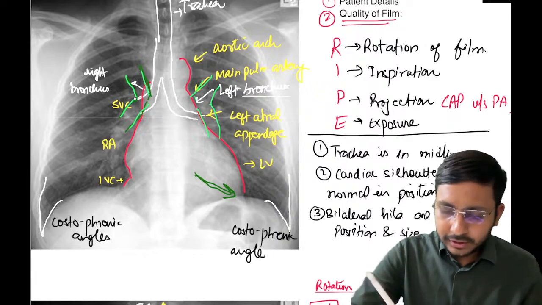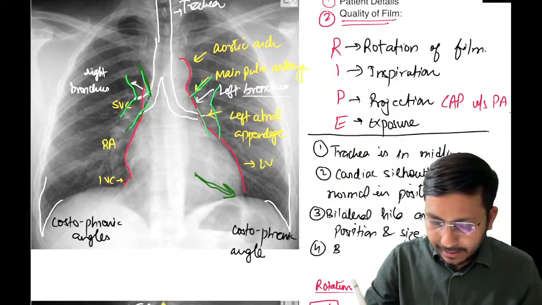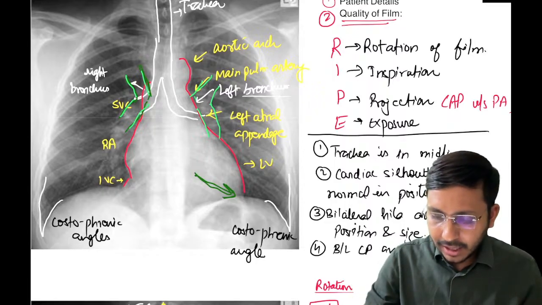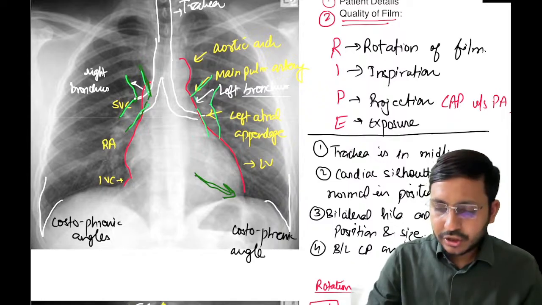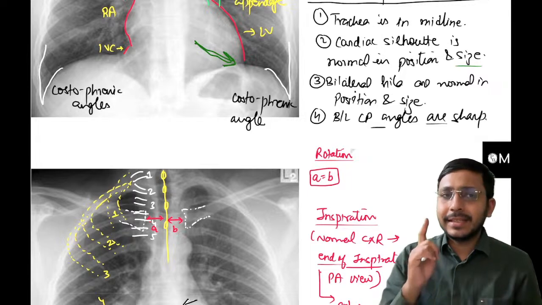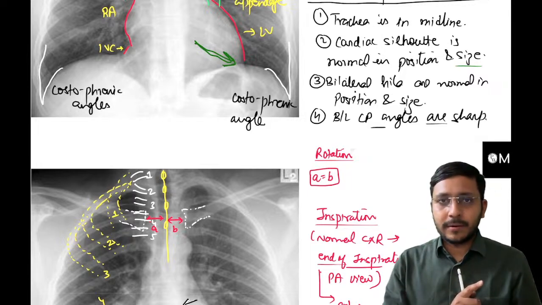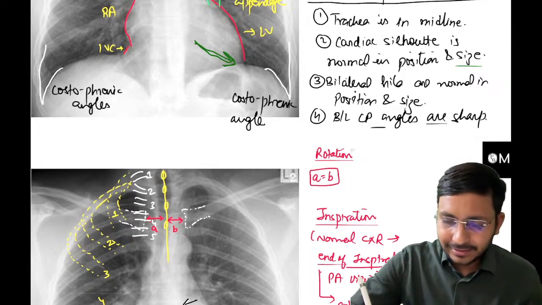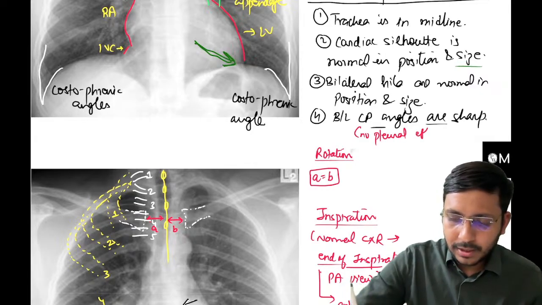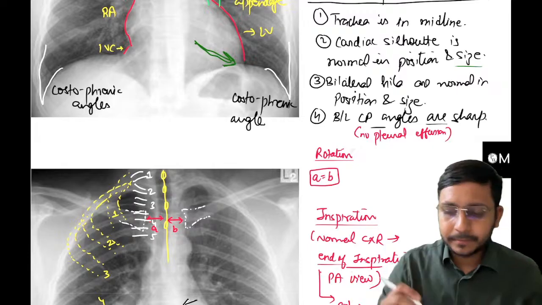So fourth thing that we will write are bilateral CP angles are sharp. Bilateral CP angles are sharp. And this tells us that there is no pleural effusion.